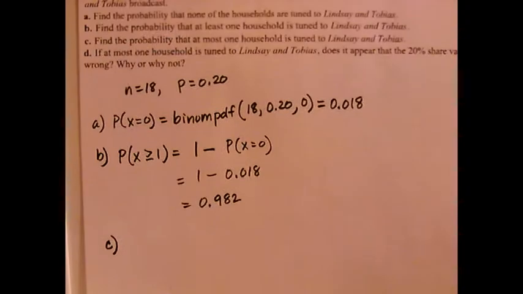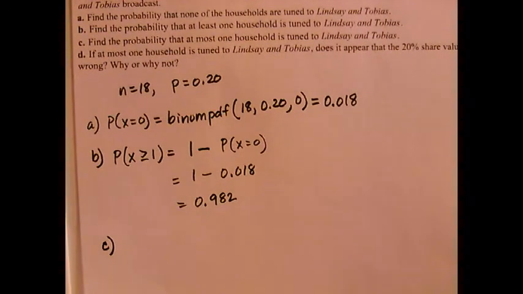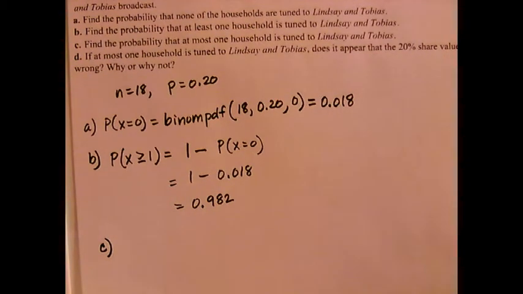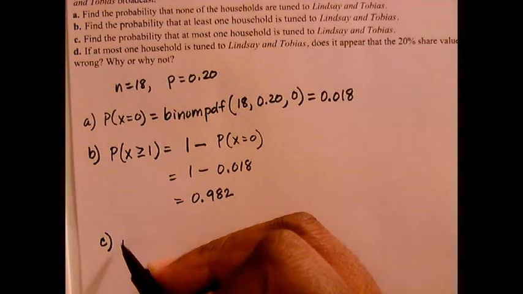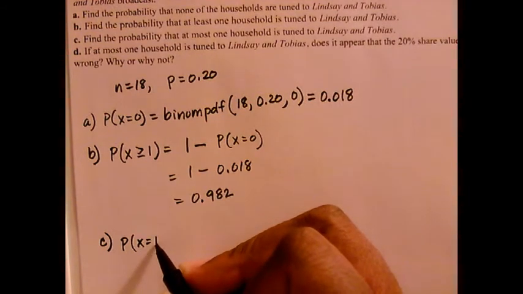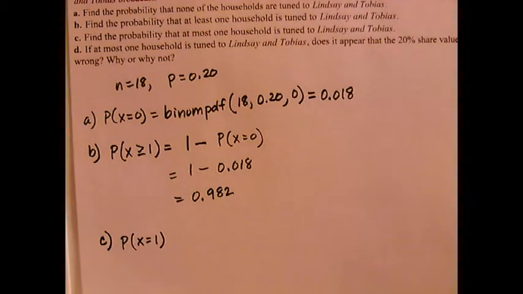Now part C says this, find the probability that at most one household is tuned to Lindsay and Tobias. At most. Okay? We first have to find the probability of exactly 1, because at most means less than or equal to.